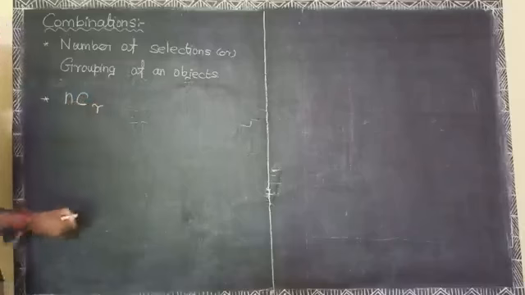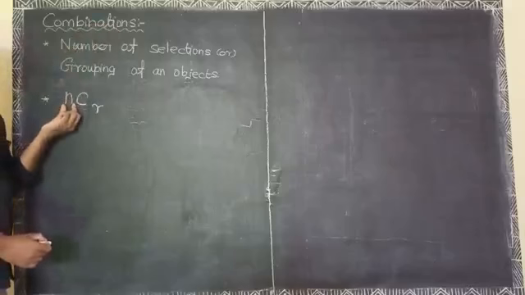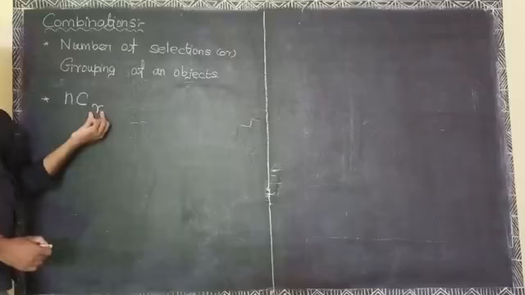C is called the combination, n is the total number of objects, r is n taken r at a time.